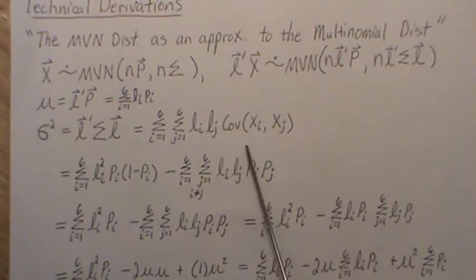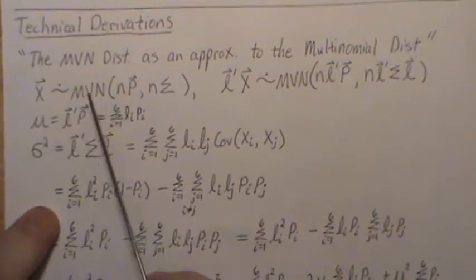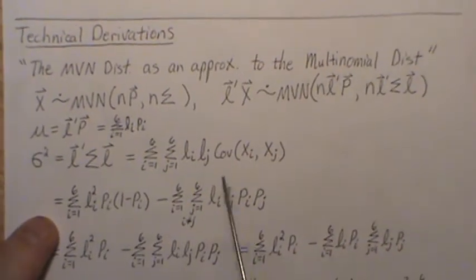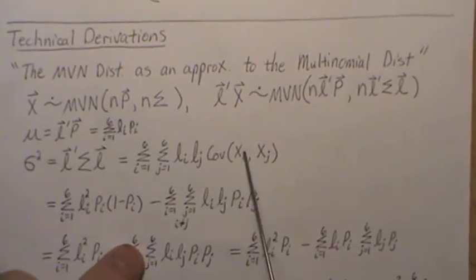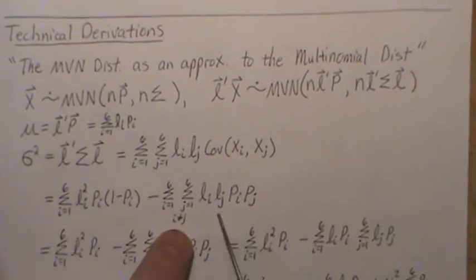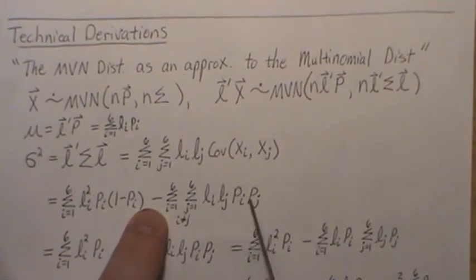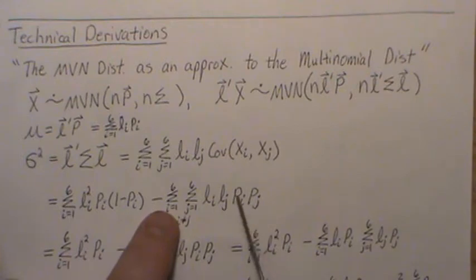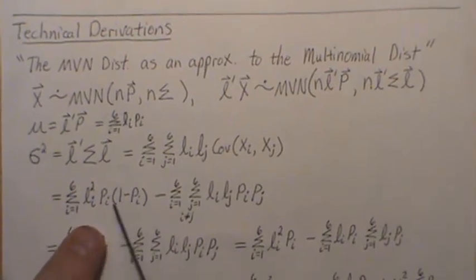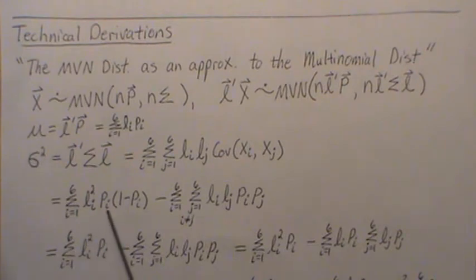Well, in this video here, we derived this matrix. And when i and j are not equal, it was minus pi pj. That was the covariance. Of course, then we have to carry these along. And when i was equal to j, then it was pi times 1 minus pi. And of course, we have to keep those together.